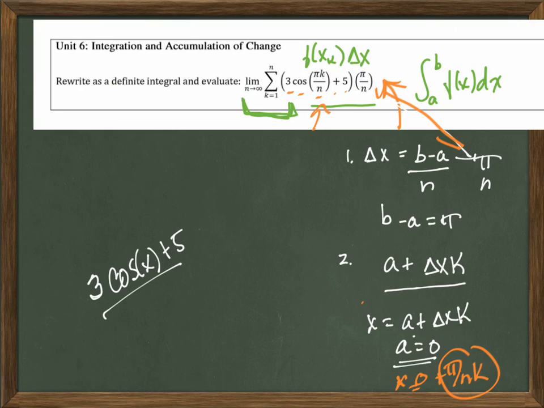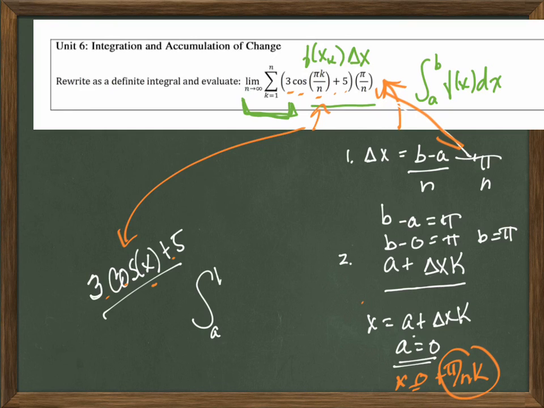So there's where you can see me seeing that it's 3 cosine x plus 5. So that means that a was 0. Go back up here. If a was 0, then b minus 0 is pi, so b equals pi. Now, why do we care? Well, we need a to b, right?